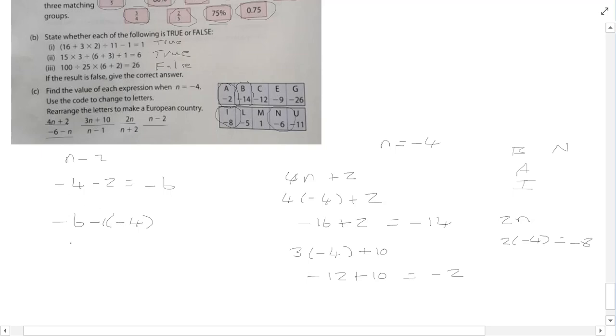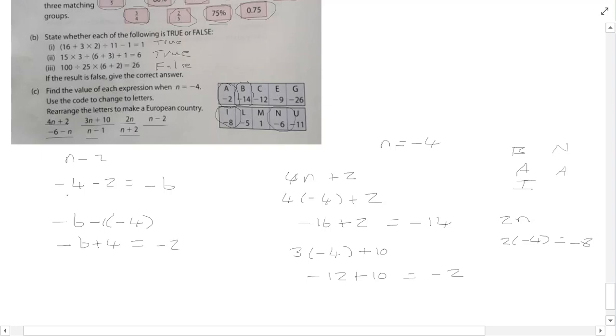So this becomes minus 6 plus 4. If we're on minus 6 and we plus 4, we end up on minus 2. So we'll have another a. So that's that one. And then we have this last one.